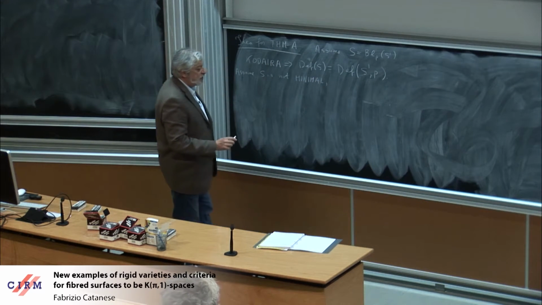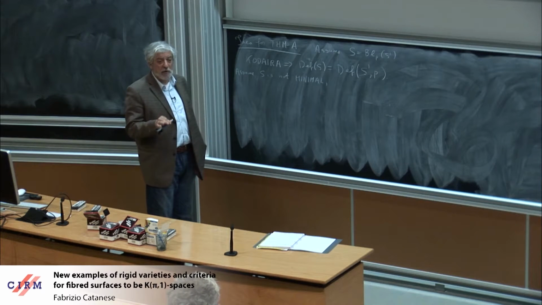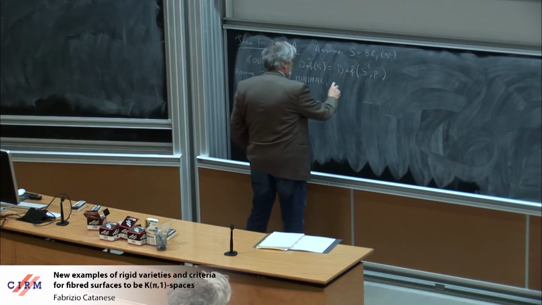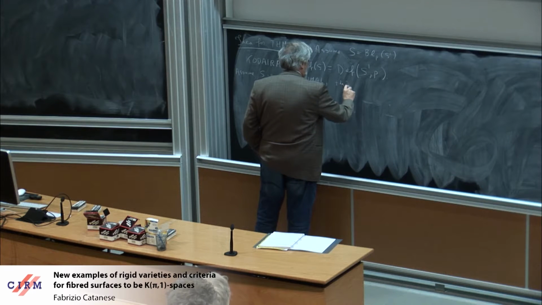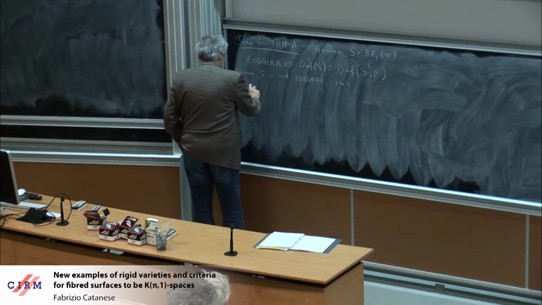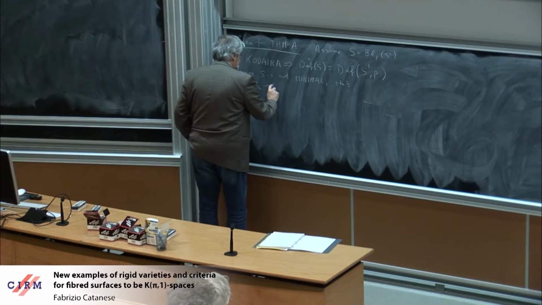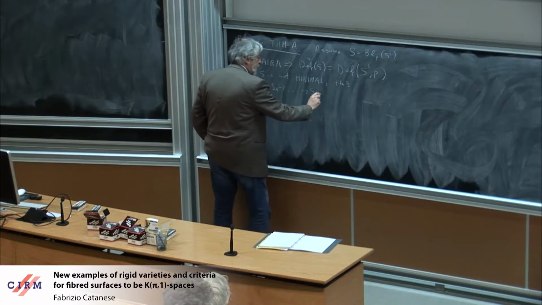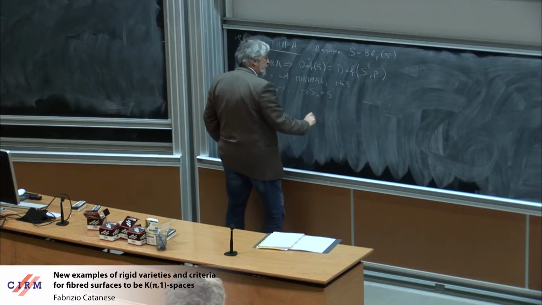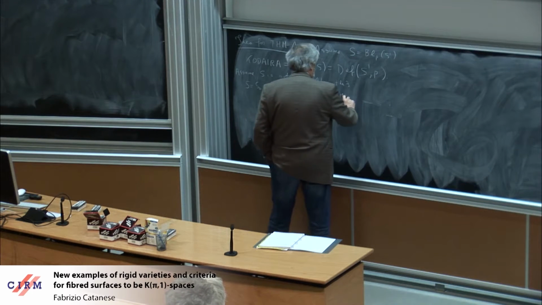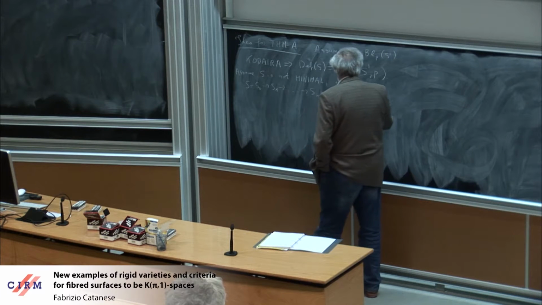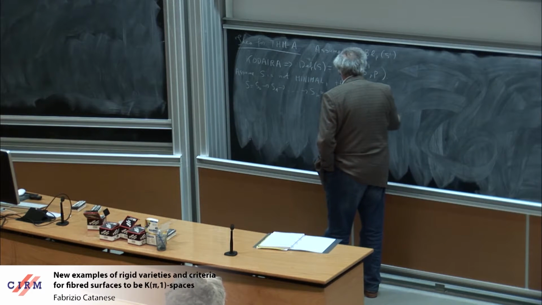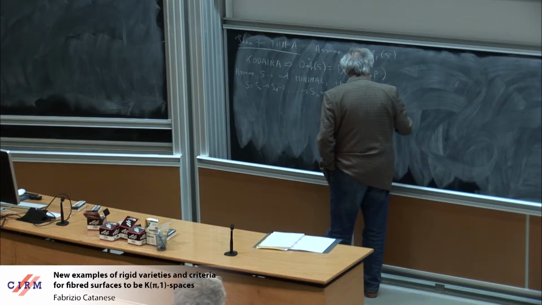Then there is a chain of contractions of blow-ups, S is S0, S1, ..., Sk is S prime, where this is minimal, and Si is the blow-up of Si plus 1 at some point Pi.